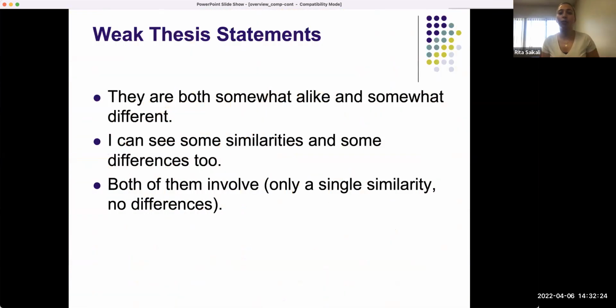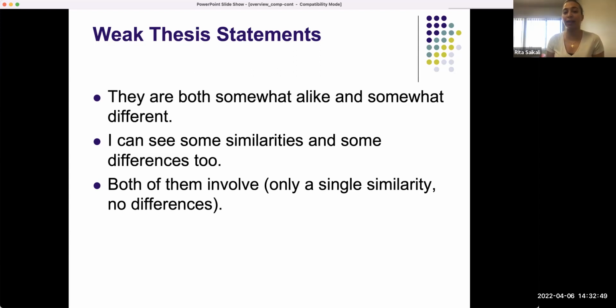Okay, so what does a weak thesis statement have? Well, a weak thesis statement would have somewhat alike, but somewhat different, right? It's something very general. If you're comparing and contrasting two things, you want to have a strong definition of these similarities and the differences.